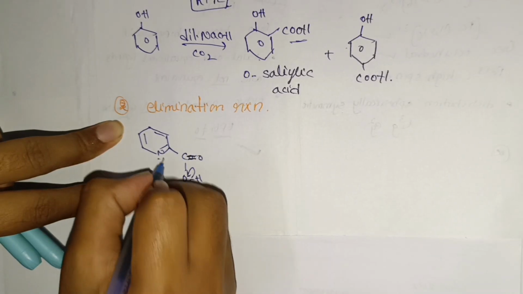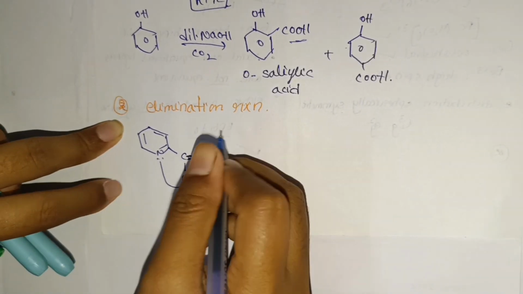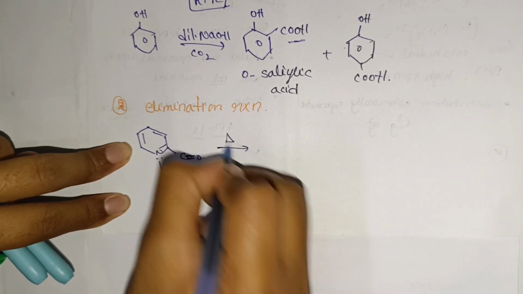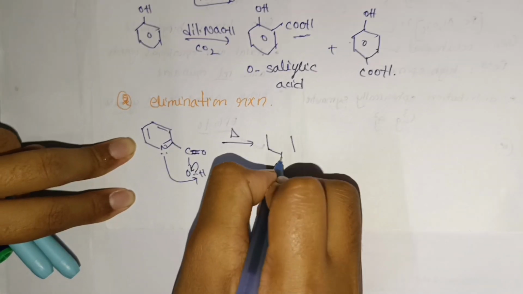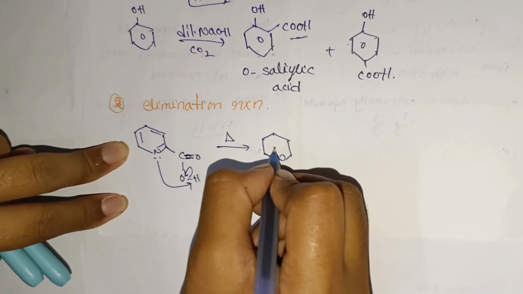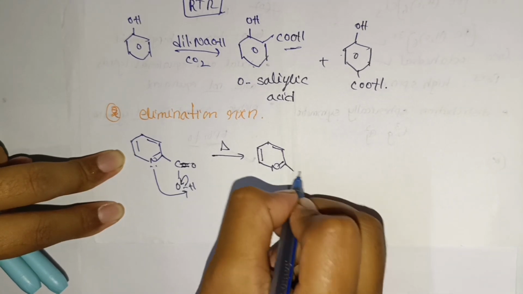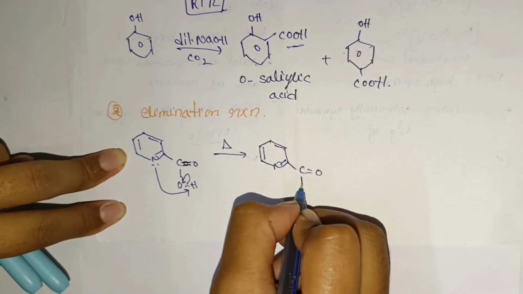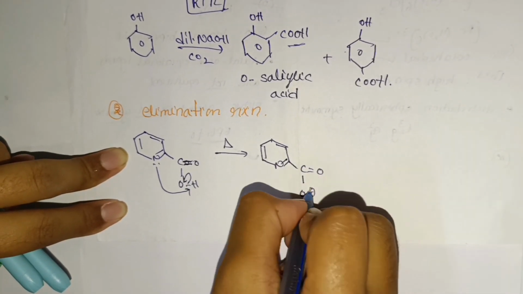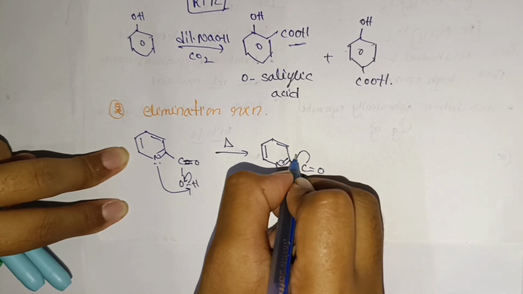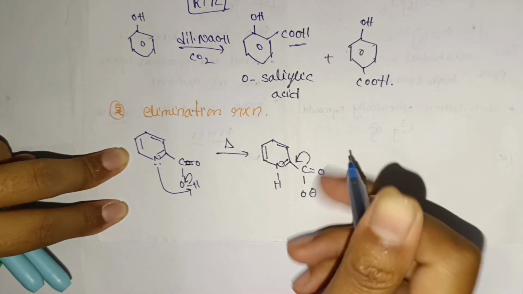This migrates here, the lone pair attacks here. In the presence of heat, it forms like this.